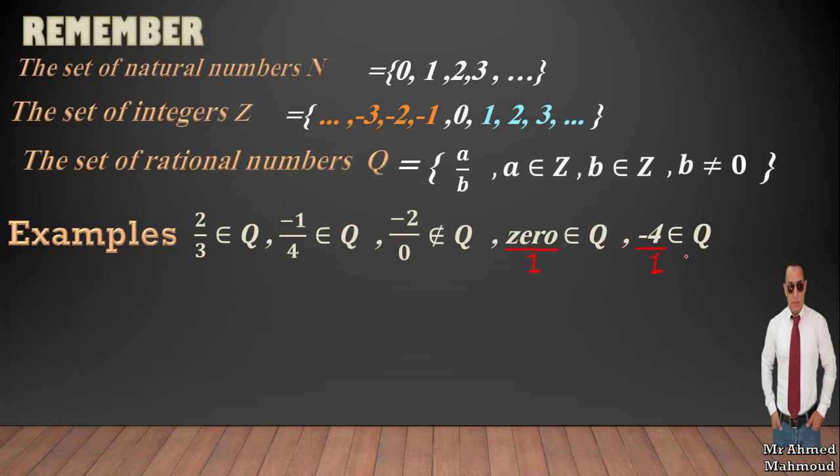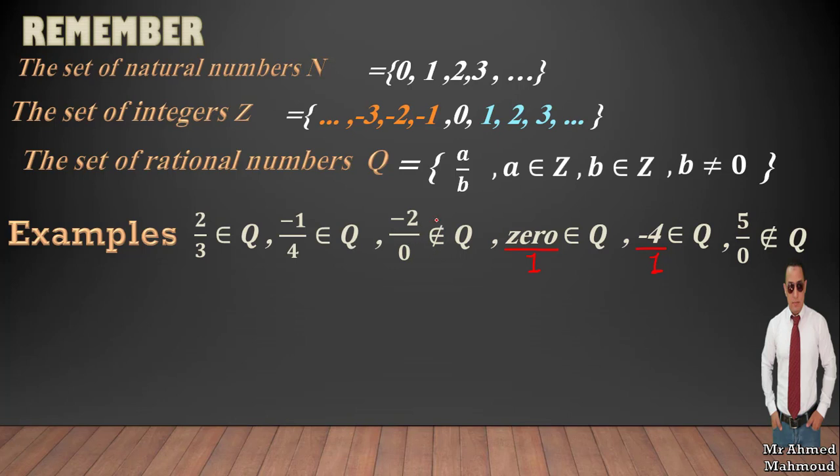So -4 belongs to Q. 5 over 0 is meaningless, so 5 over 0 doesn't belong to Q, and Q is the set of the rational numbers. Now it's very clear that any fraction belongs to the rational numbers except the fraction that is over 0.